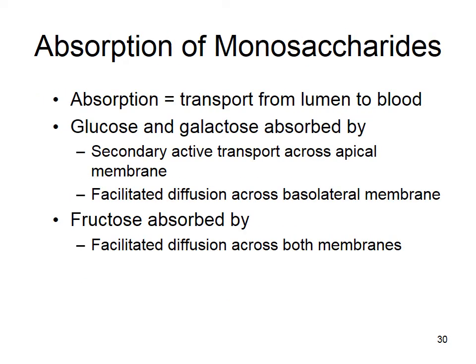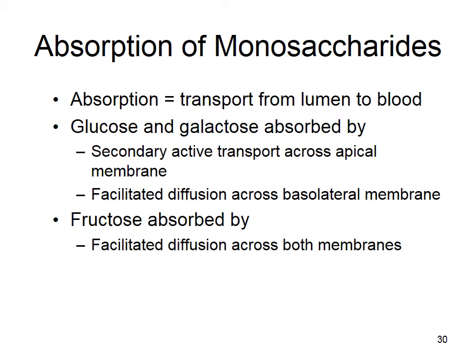Okay. Absorption of monosaccharides in the small intestine is exactly the same as reabsorption of glucose from the proximal tubule. Okay, so absorption of glucose and galactose involves secondary active transport across the apical or brush border membrane via SGLT1, right?